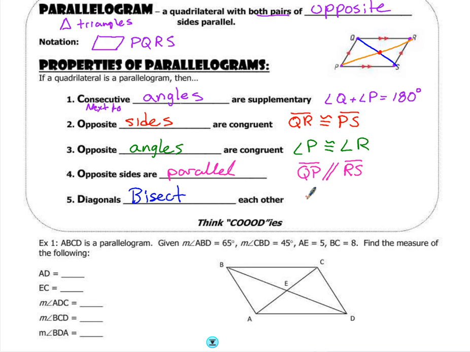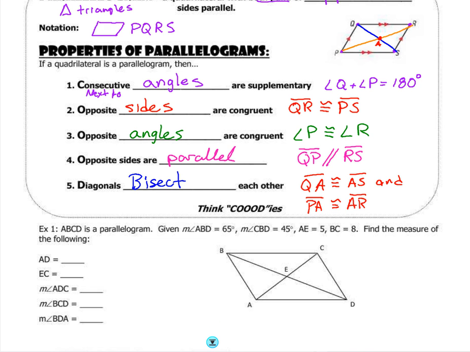So we'll call this point A. QA is congruent to AS, and we know that PA is congruent to AR. Since these are bisected and they share the point A, A is the midpoint of QS, and it's also the midpoint of PR.